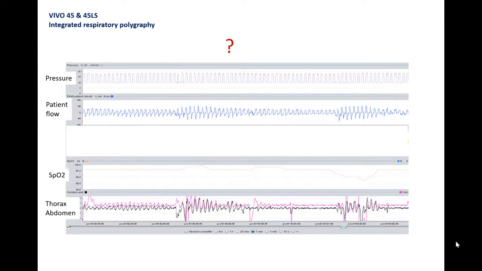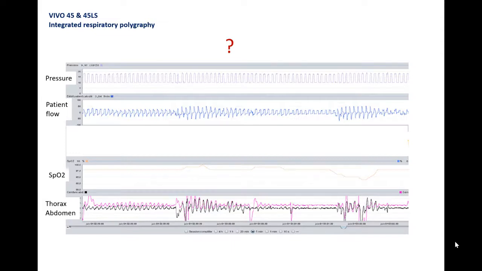In another case, as usual, identify oxygen desaturation, recognize the respiratory event on the belts, look at flow variation. So I repeat because it's very important. Here the patient flow is decreasing.